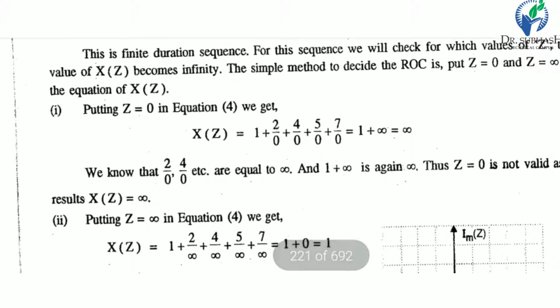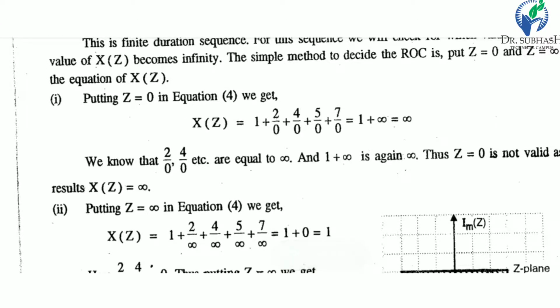So putting z equal to 0 in our equation, x of z becomes 1 plus 2 by 0 plus 4 by 0 plus 5 by 0 and 7 by 0. So it is 1 plus infinity, because 2 by 0 is infinity, 4 by 0 is infinity, infinity plus infinity equals infinity, and 1 plus infinity is infinity.